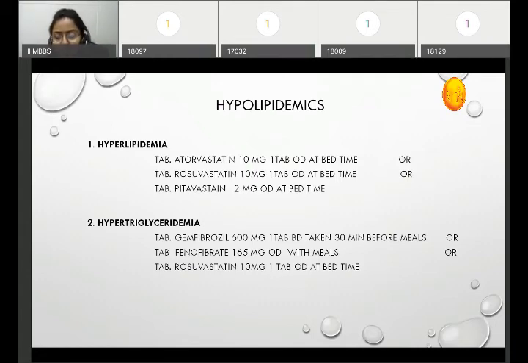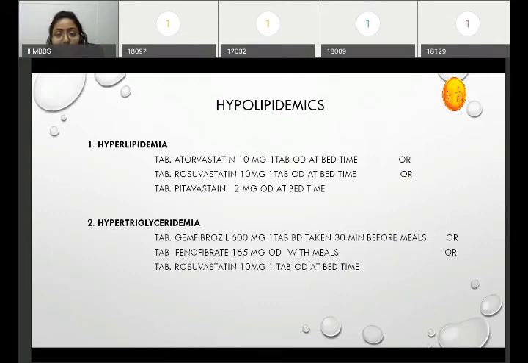One more property of rosuvastatin is that it causes some degree of increase in HDL levels also, about 10 to 15% sometimes. So this is the property of rosuvastatin. So if an SVT is asked for hyperlipidemia, you can add any one drug among these statins.